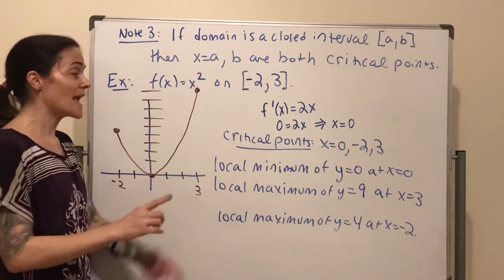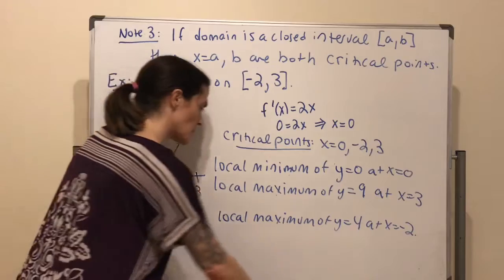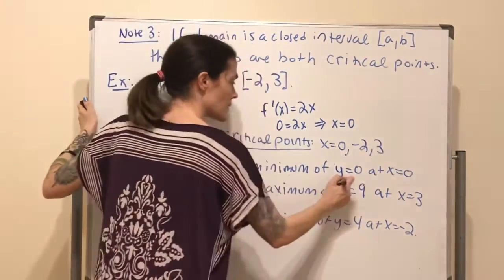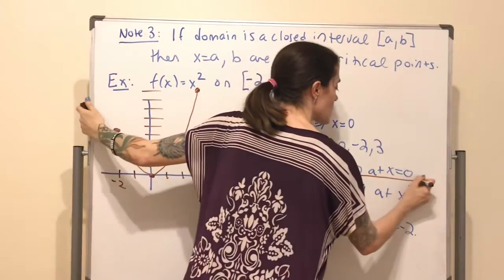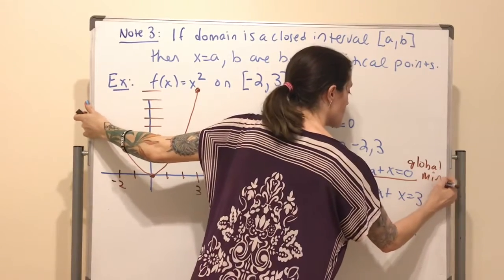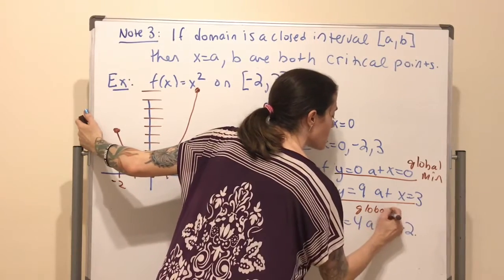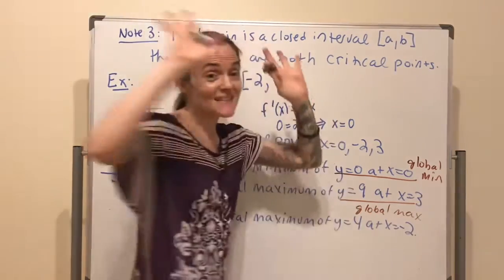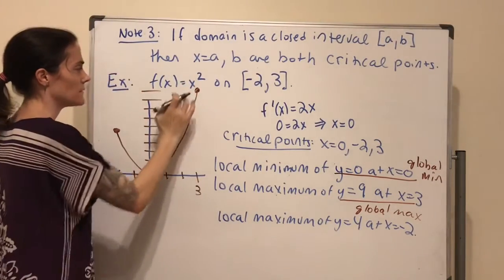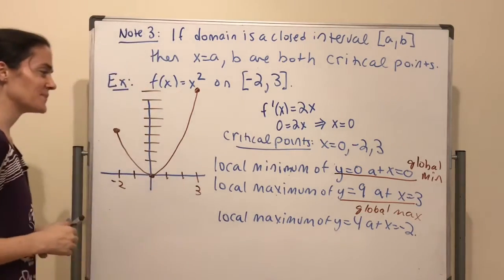In this example, we have both global max and global min. So which one? Let's see. This is a global min. So this one here is also global. And this one here is global max, because it's the highest overall y value. Right here it is. There's no y value higher than that for f of x is x squared on closed minus 2 to 3. Okay?